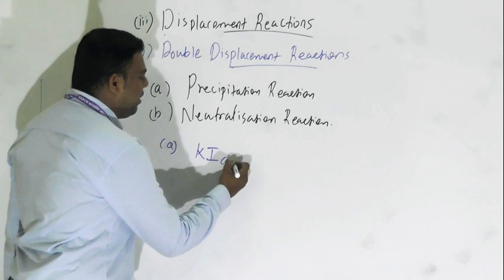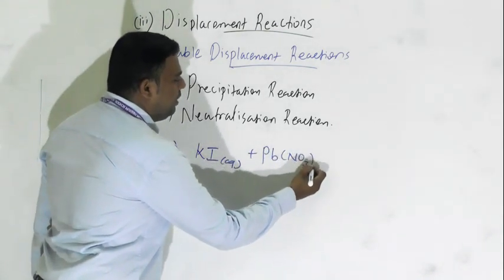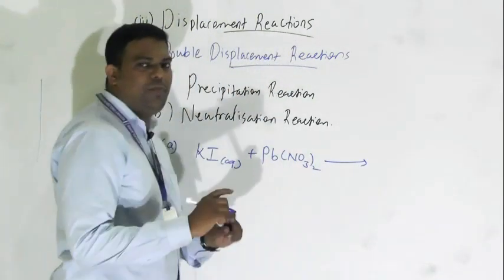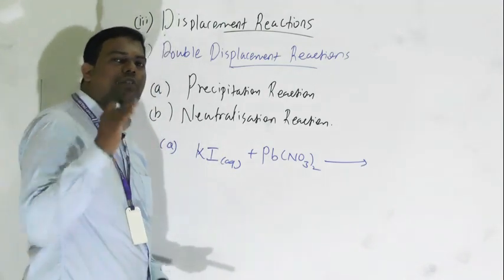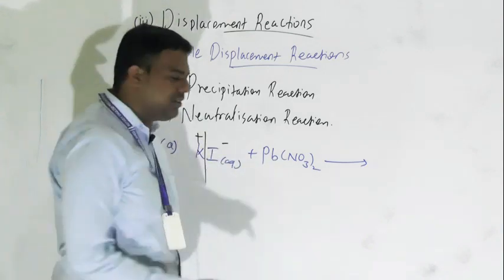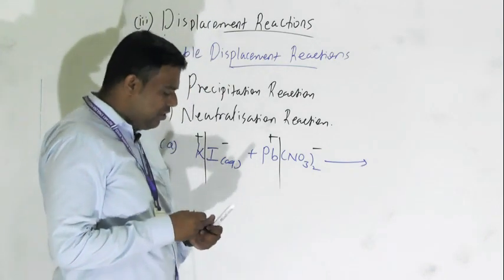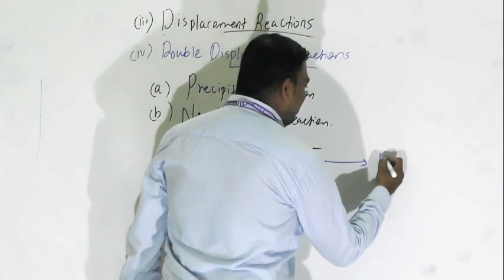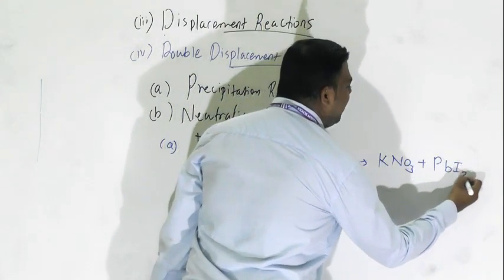Potassium iodide aqueous plus lead nitrate, Pb(NO3)2. So what will you get? Exchange of ions, so wherever necessary we have to break. K plus, I minus, lead plus, and as you know NO3 minus. So you will get KNO3 plus PbI2.